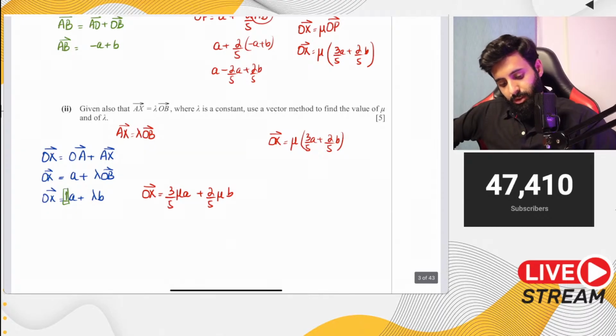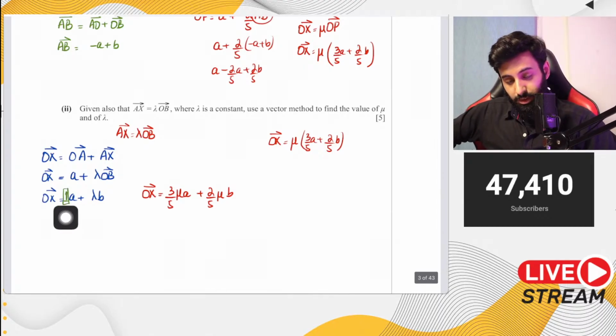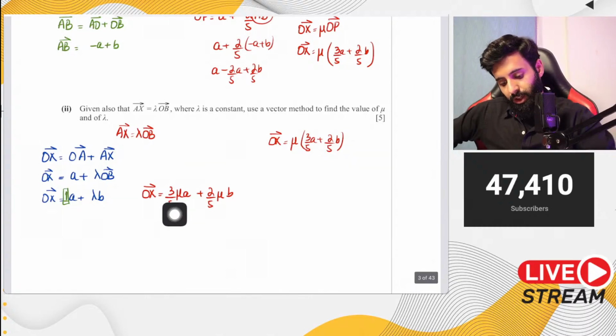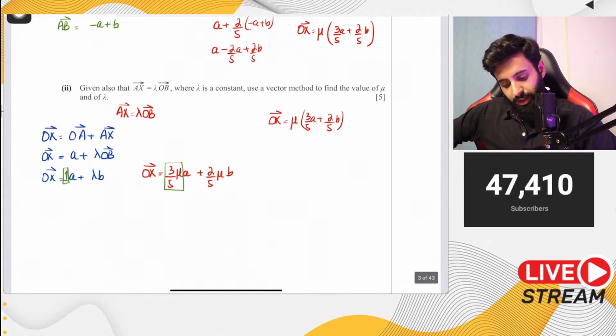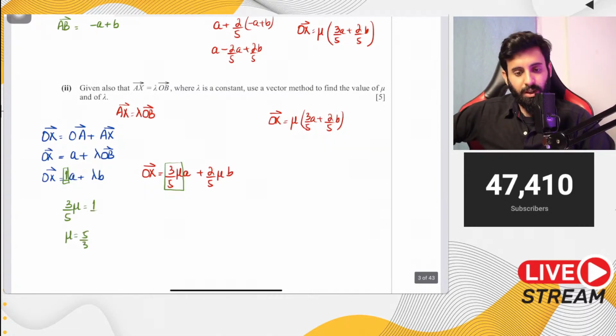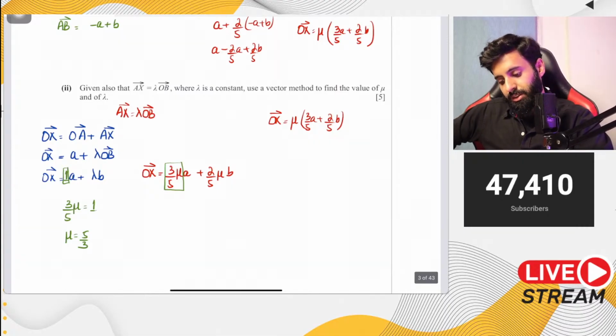In this OX it's 1, and what's the coefficient of A in the other OX? It's 3 upon 5 mu. So that means 3 upon 5 mu equals 1, and if you cross multiply you can find the value of mu, which is equal to 5 upon 3. Now this gives us the value of mu.